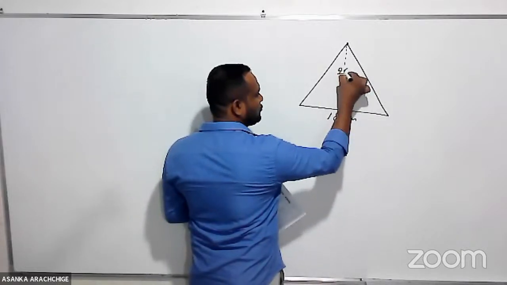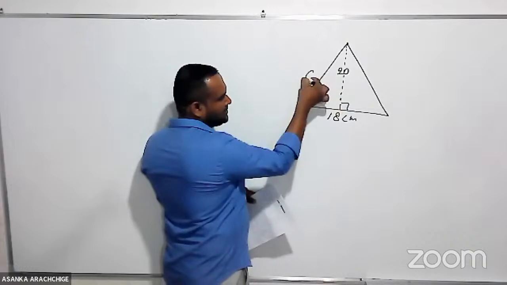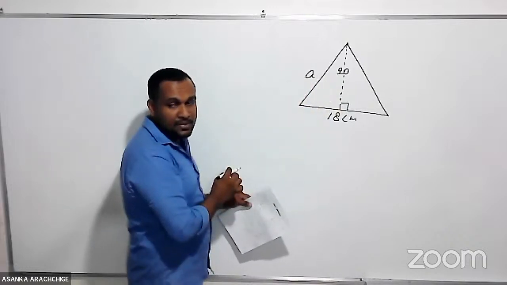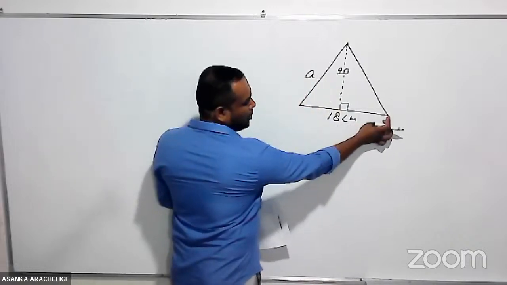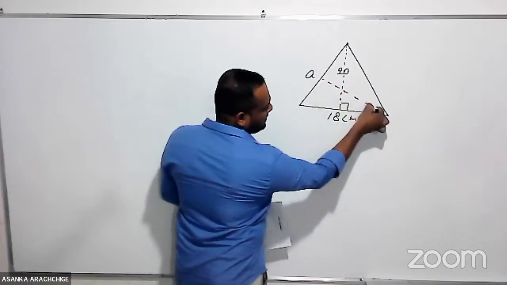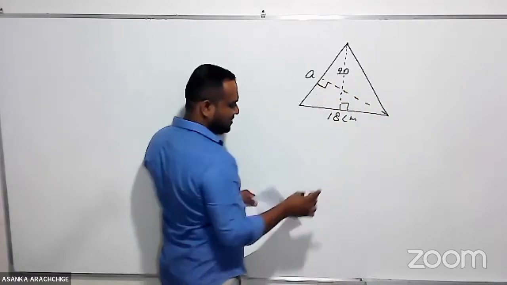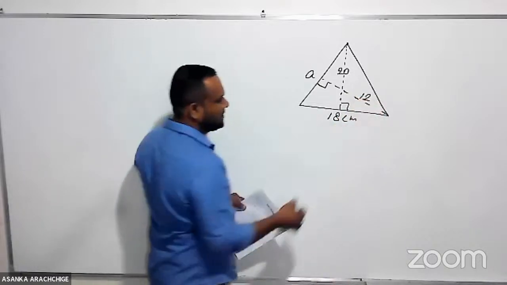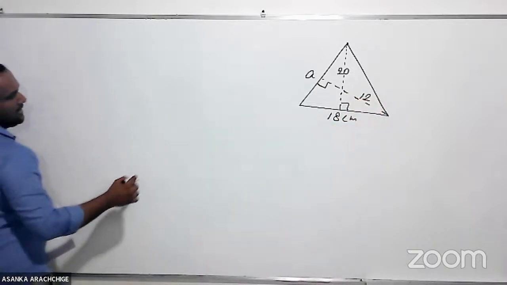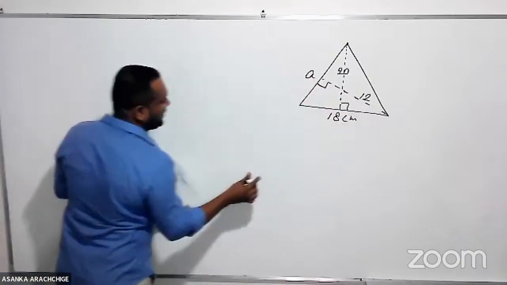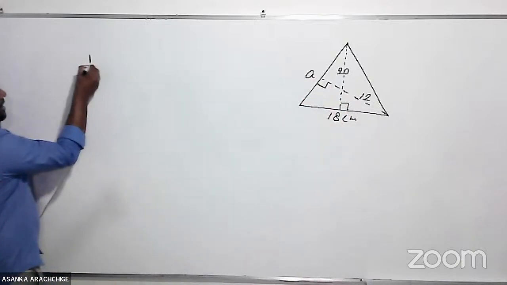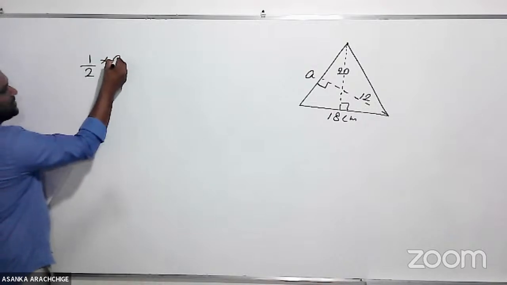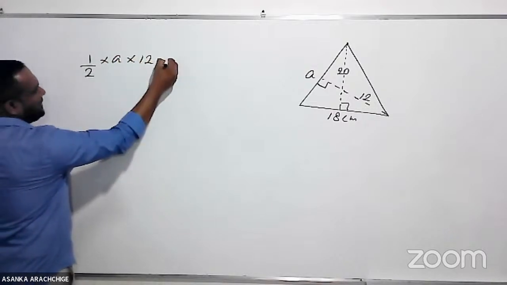This is 20. And this is given algebraically. This is the opposite vertex. This perpendicular height is given to be 12. This is 12. Therefore, area in terms of A and 12 is half into A into 12.